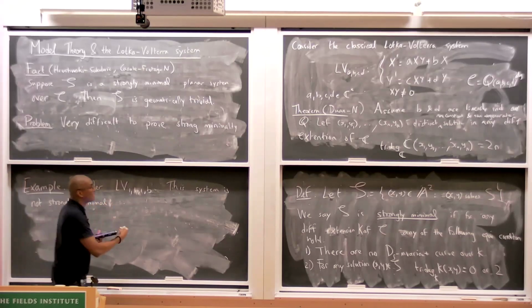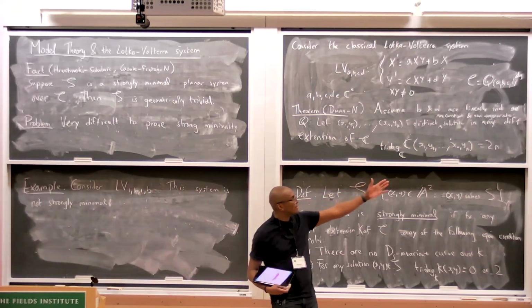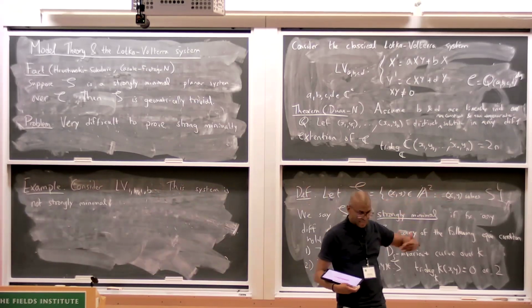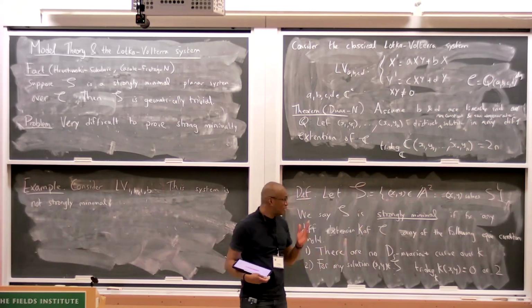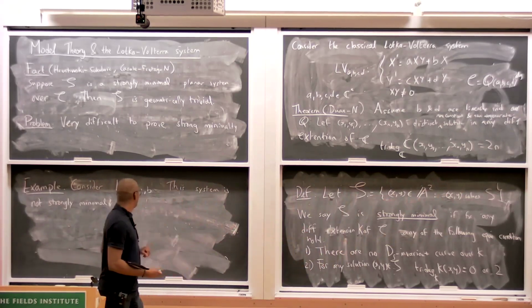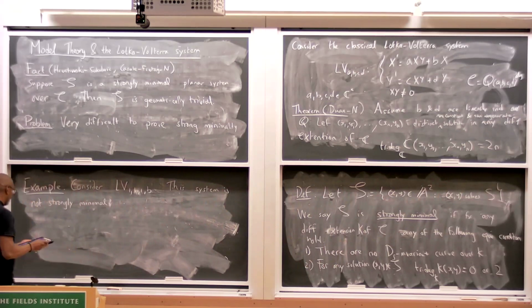And it's not strongly minimal even in this more general setting I said. So let's get rid of the x y, the polynomial x times y, and maybe that should work, but it's not.